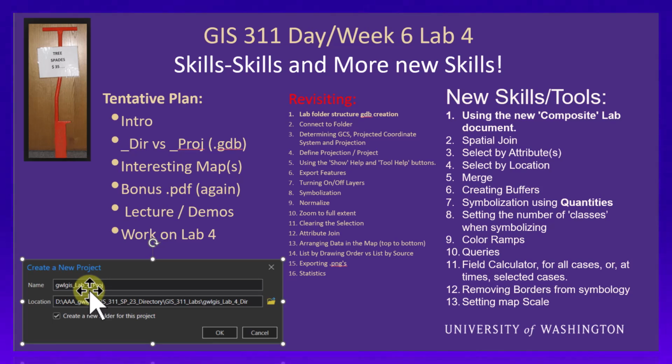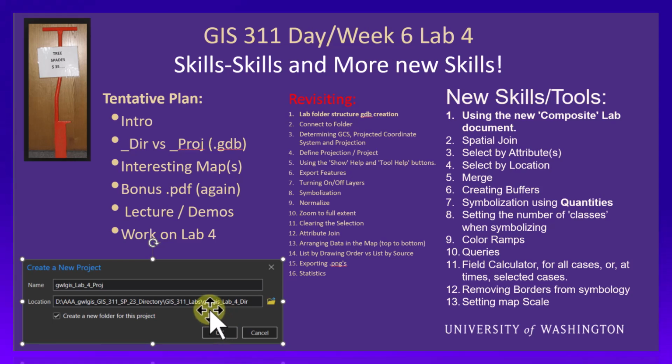This week, it would be 4 underscore PROJ, which stands for project. The location you have to set is the location where this new folder will be created for your project. So this location is a folder location.